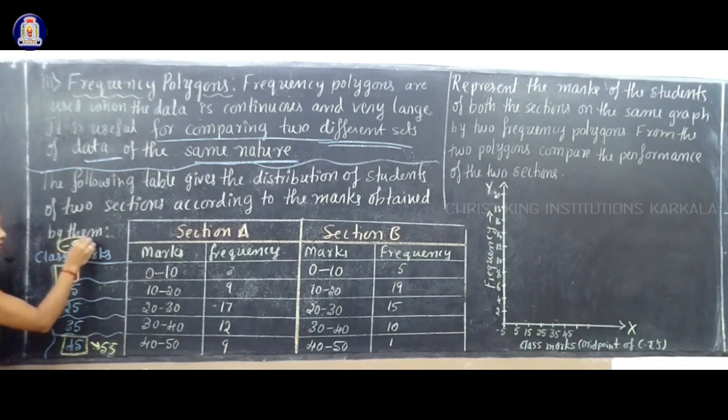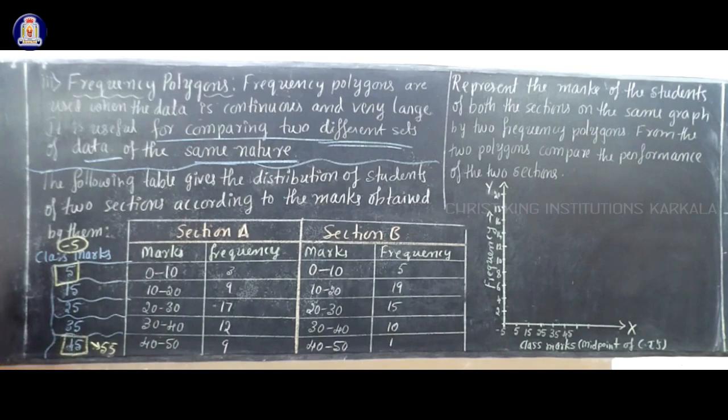So the previous class mark of 5 is minus 5, and the next class mark after 45 is 55.